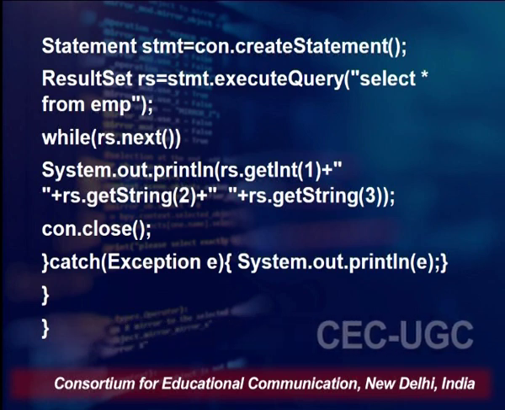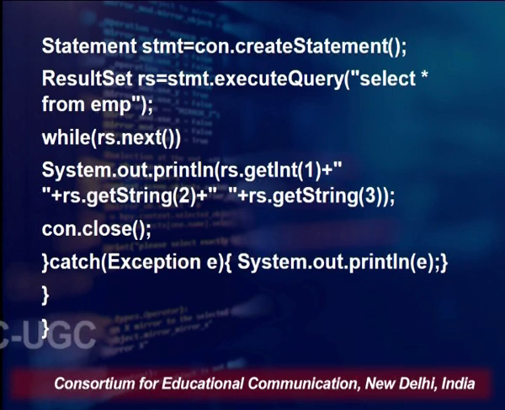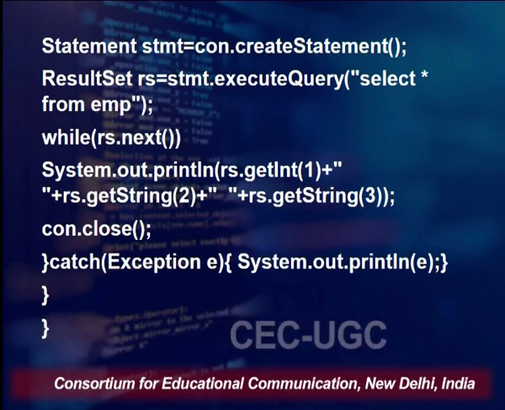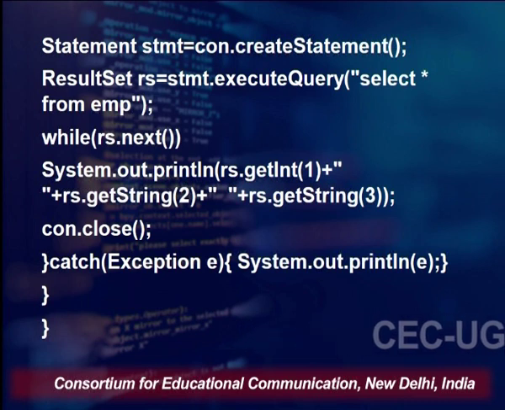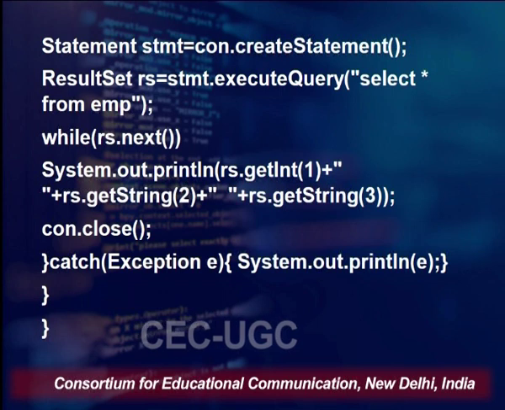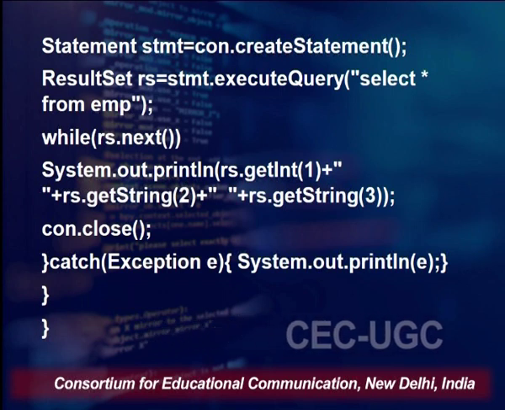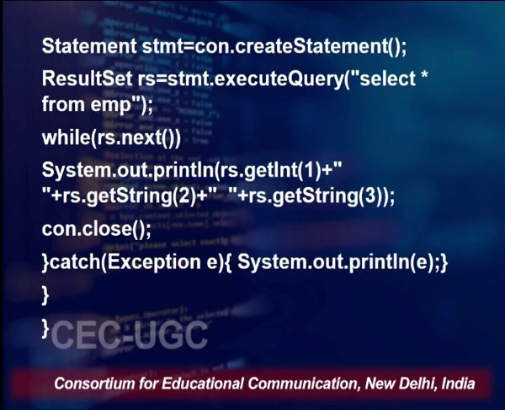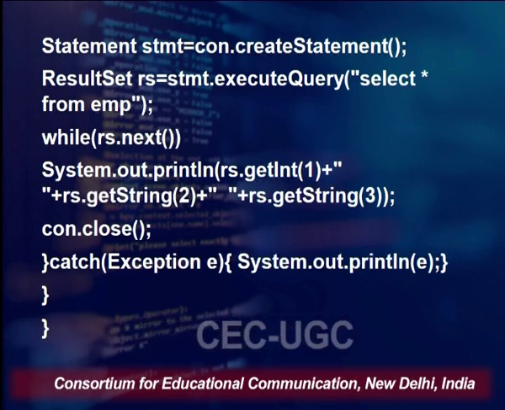Then we have rs.getString with 2 in the brackets plus a space, then rs.getString with 3. Here 1, 2, 3 are the parameters, or field numbers, to be fetched from the rs, and finally all these things will be printed on the screen with the help of System.out.println.